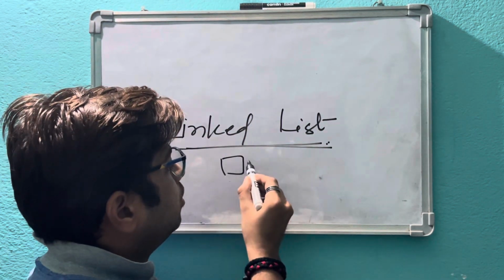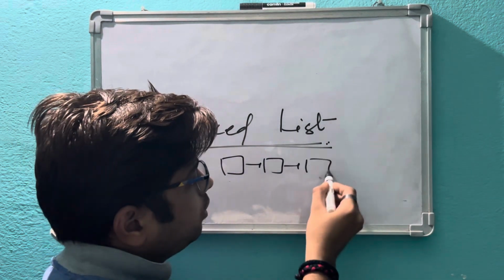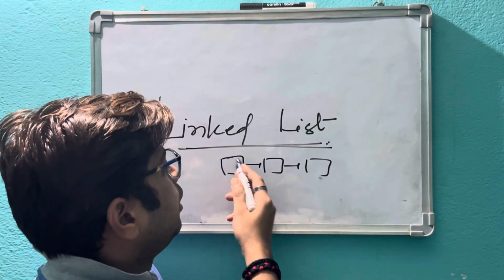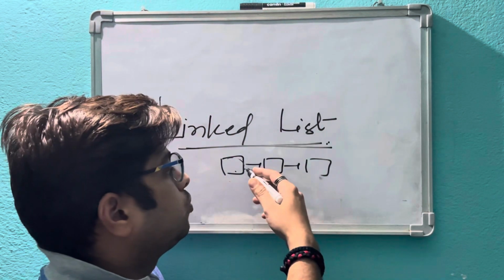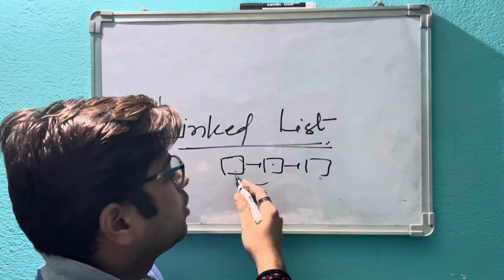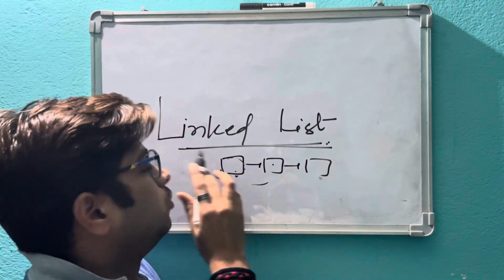Let's say we have different nodes that are connected one after other, and in a single linked list only the current node has access to go to the next node, but we cannot go back from the next node to the previous node, or from the last node to the first node.